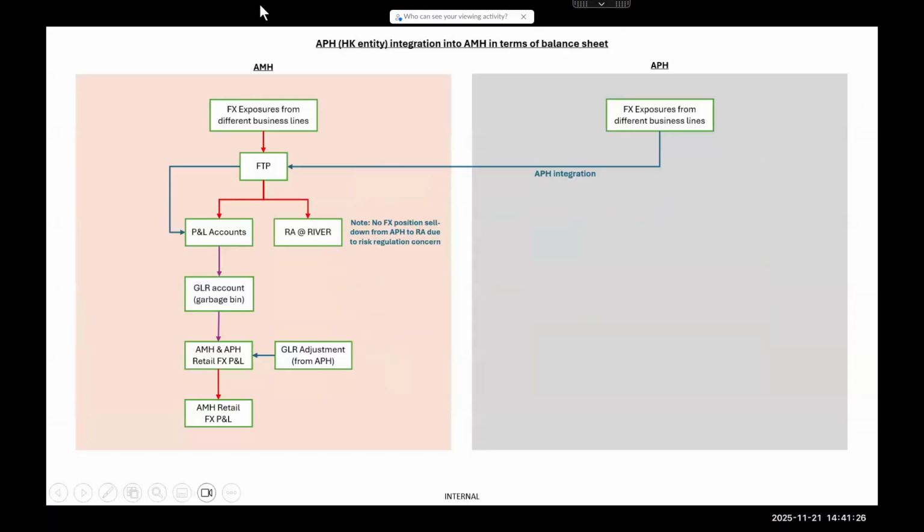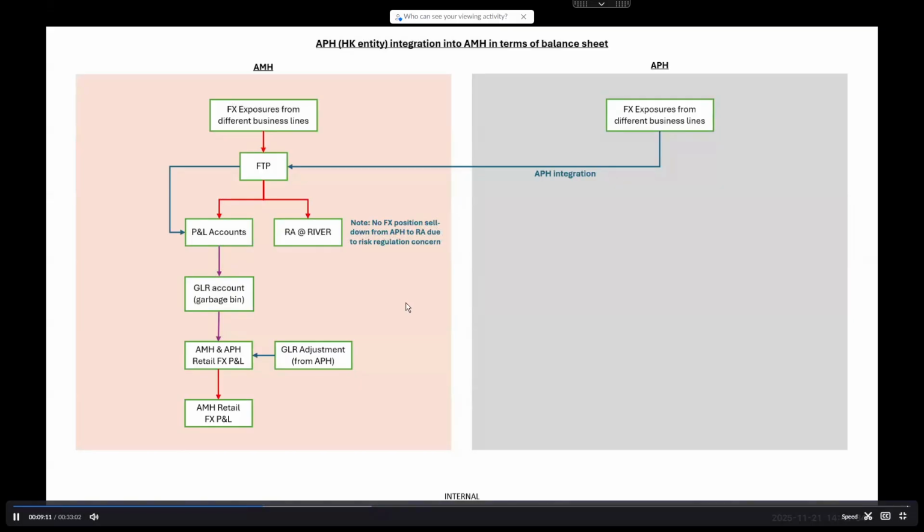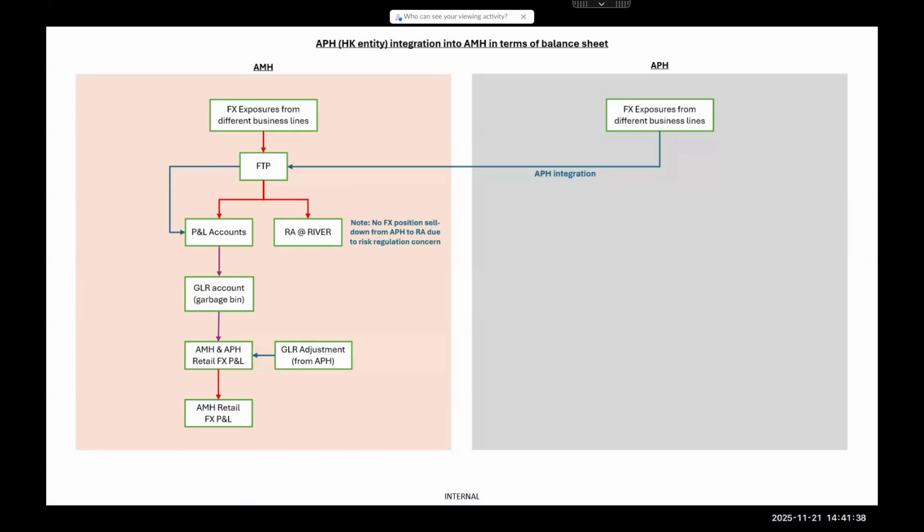And after it falls into the AMH P&L accounts, it will fall into something called the GRL account, which is one of the P&L accounts, but it is where the APH P&L will fall into. So it will fall into this GRL account.